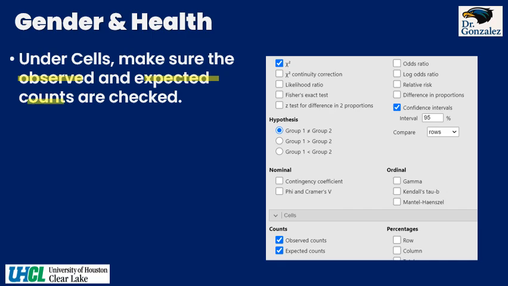Why? Because that's what your assignment is going to ask you to provide as well. You're also going to make sure under your options for this test that you've selected the chi-square. Okay. We're going to go with our hypothesis as just group 1 does not equal group 2. And under cell counts, make sure you've hit observed and expected.